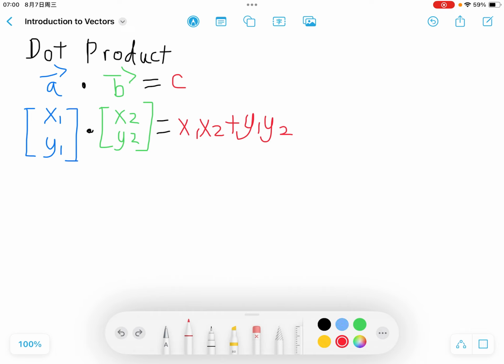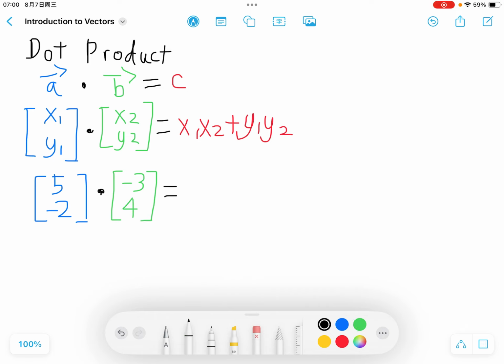So now let's just look at a few examples of using the dot product before we go into more in-depth formulas. So firstly, let's say I have the example 5, negative 2. I want to dot this by, let's see, negative 3 and 4.